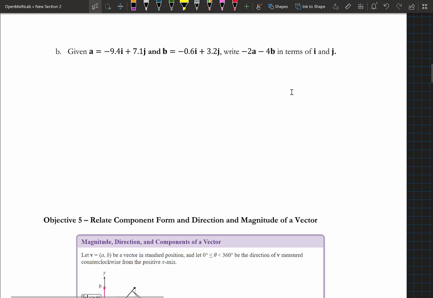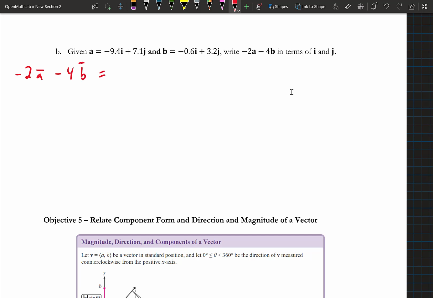All right, so then part b, we're given vector a equals negative 9.4i plus 7.1j, and vector b equals negative 0.6i plus 3.2j. We want to write negative 2 times vector a minus 4 times vector b in terms of i and j. So I'm just going to write this out: negative 2a minus 4 times vector b.